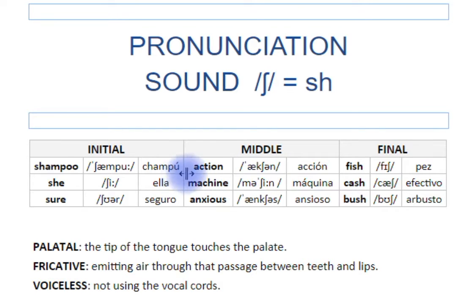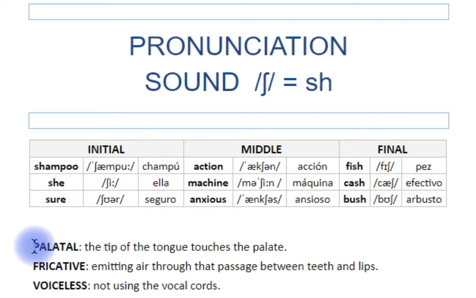Don't say machine with a ch; sometimes the ch is pronounced like this. And anxious. Sometimes the nx combination is weird, but you say anxious with this sh sound. And then in final position: fish, cash, and bush.